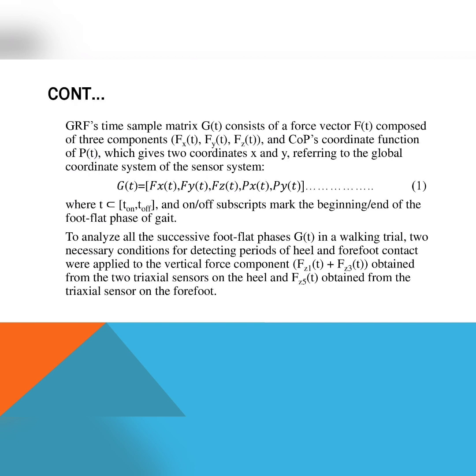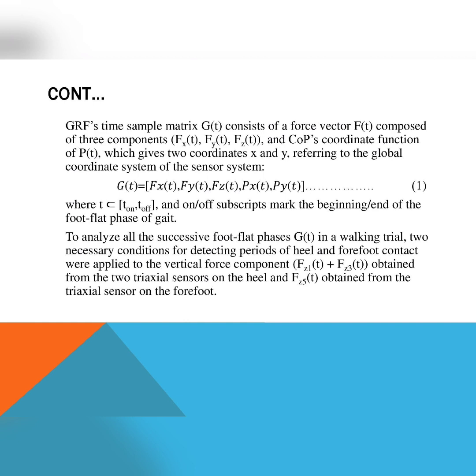Referring to the global coordinate system of the sensor system, G of t is equal to fx of t, fy of t, fz of t, px of t, py of t. So let me take that as the first equation, where t on and t off, subscript on and off, mark the beginning and end of the foot flat phase of gait.